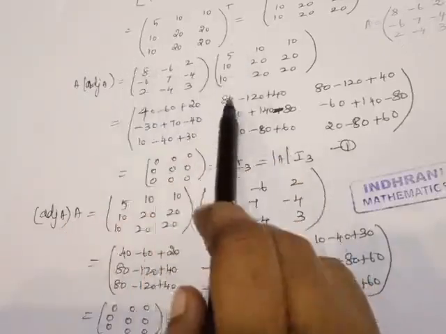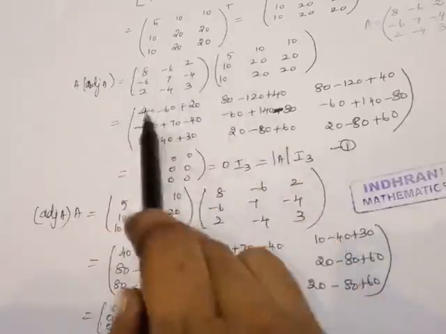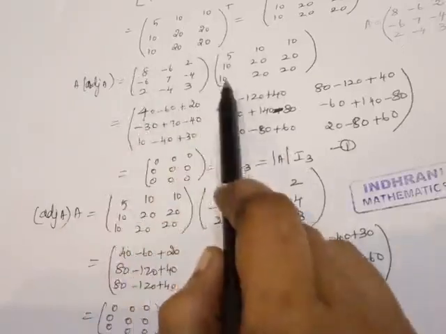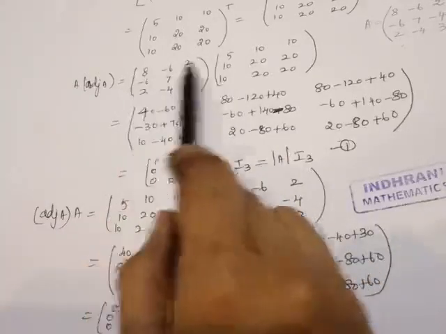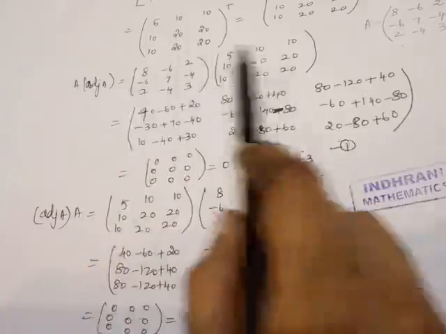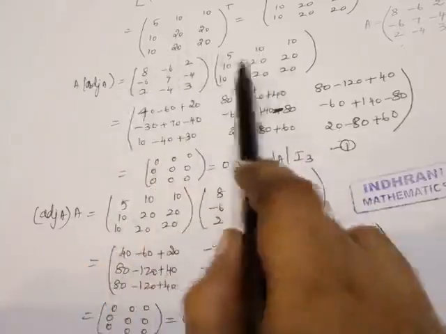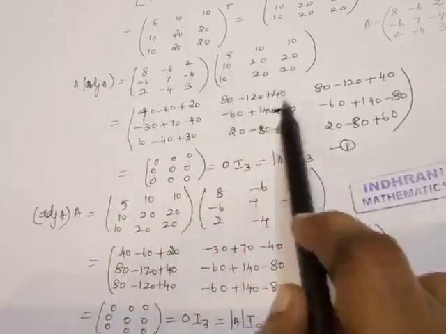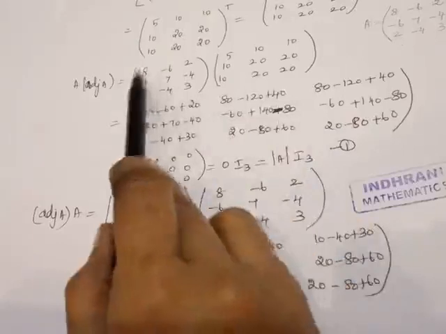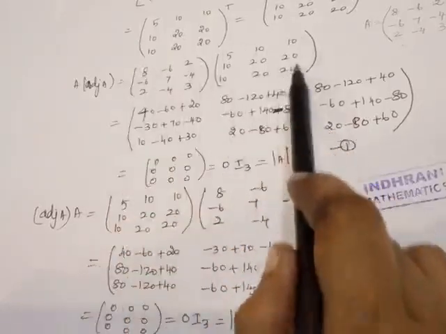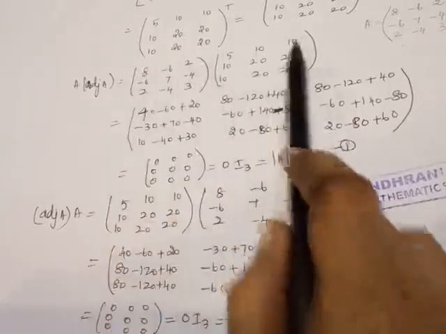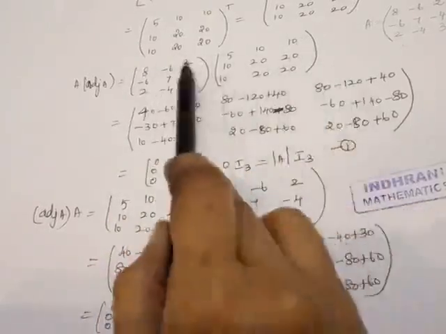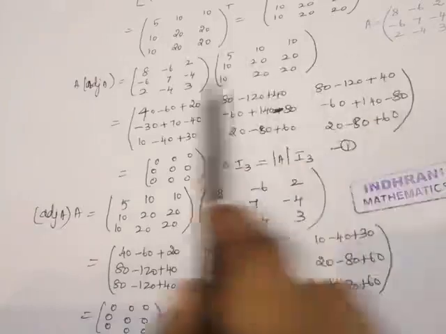First row with first column: 8 into 5, 40. Minus 6 into 10, minus 60. 2 into plus 10, 20. First row with the second column: 8 into 10, 80, minus 6 into 20, minus 120, plus 2 into 20, plus 40. First row with last column: 8 into 10, 80, minus 6 into 20, minus 120, 2 into 20, 40.